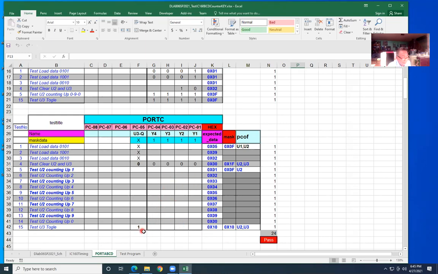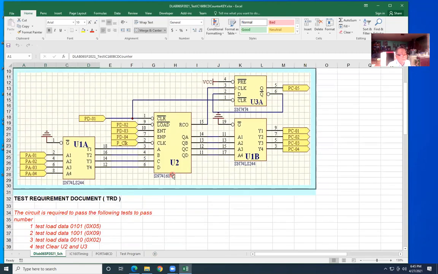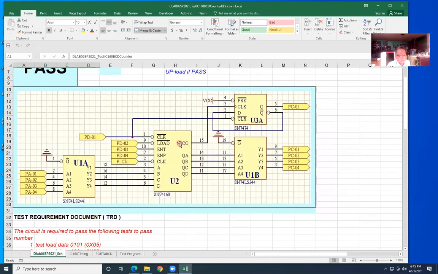I really care whether they go to 1 or not. And the P-cop will be either U2 or U3. That means it's telling you either this guy is not sending out the pulse or this guy is not toggling. So P-cop only U2, U3.